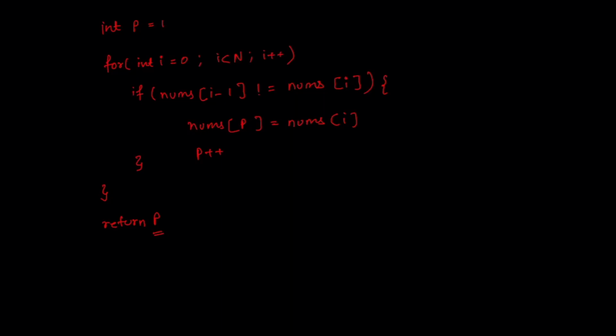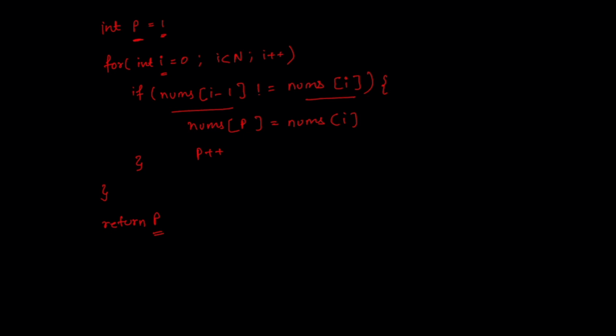Here is a small code. If you see, the first pointer p is pointing to the first element, and the ith element is moving toward the right. In this for loop, we are checking whether the ith element is equal to the i minus 1th element or not.